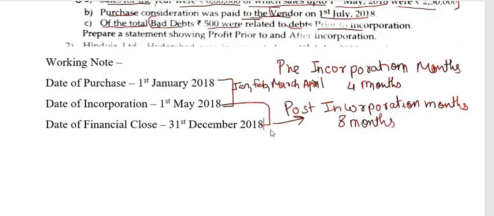The months before incorporation are Jan, Feb, March, April, so these months will be called pre-incorporation. And after 1st May 2018 to 31st December 2018 is post-incorporation, which is 8 months. Now on the basis of these months we have to find time ratio.